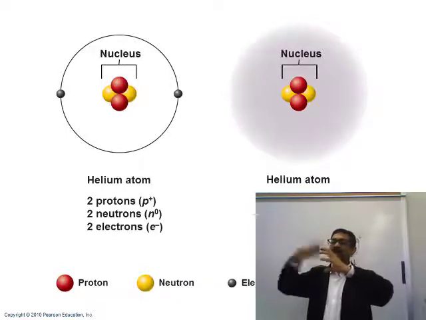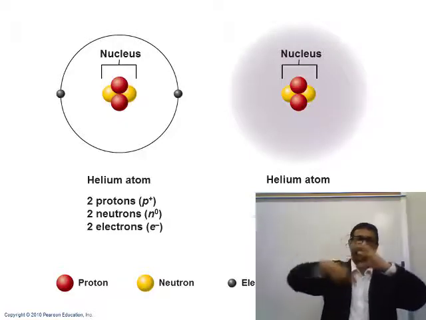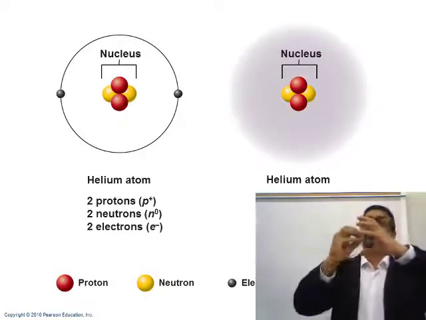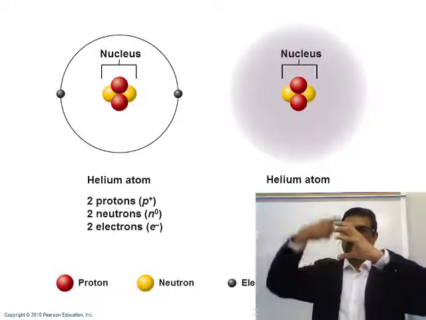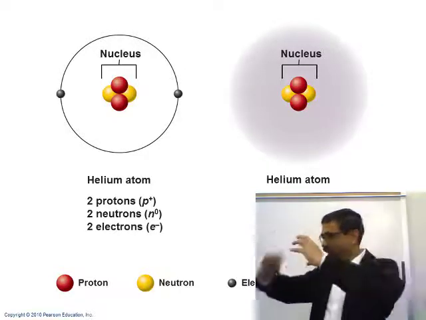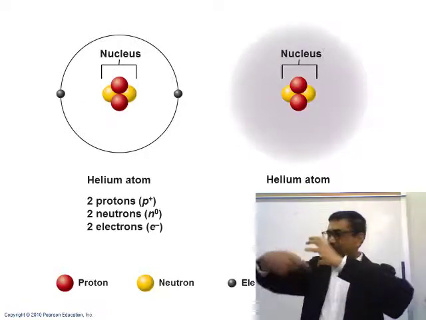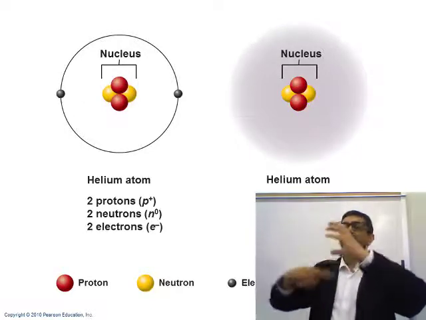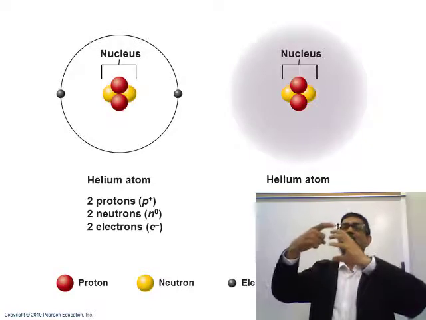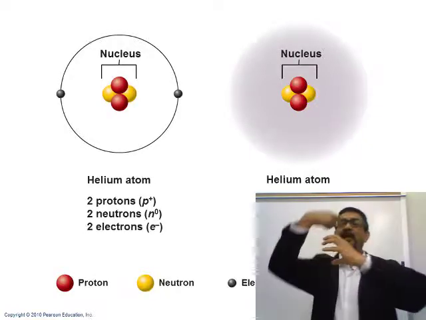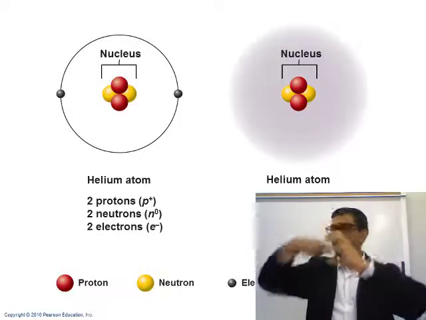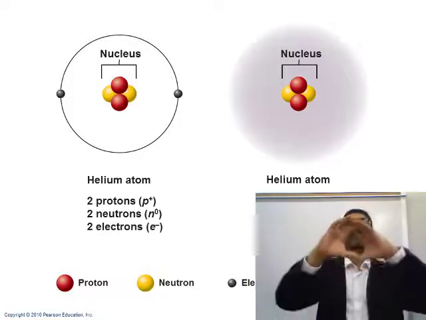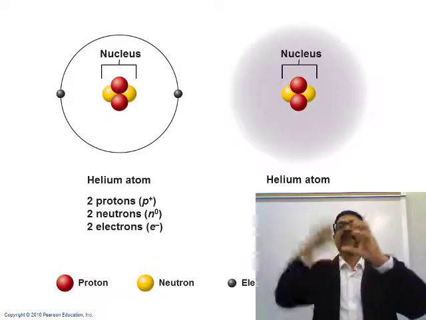Electrons are not stable, always moving like this. Protons and neutrons are sitting inside in the nucleus, but electrons are always moving on the shell. And electrons are not moving in one plane. For example, one electron is moving this way, another electron is moving this way, another electron is moving this way, in different planes. So around the nucleus, the electrons are moving in different planes.